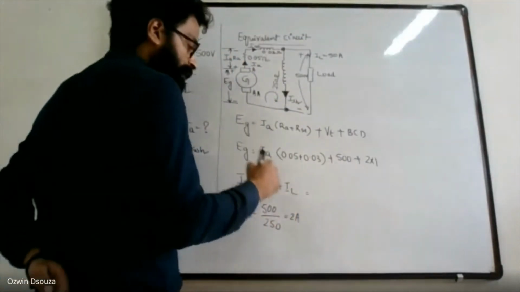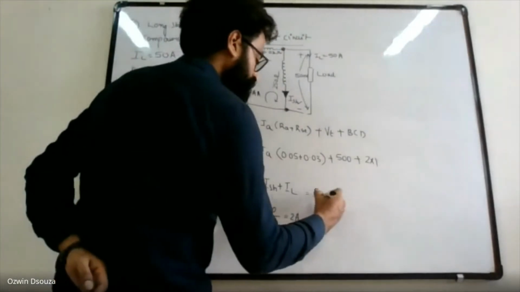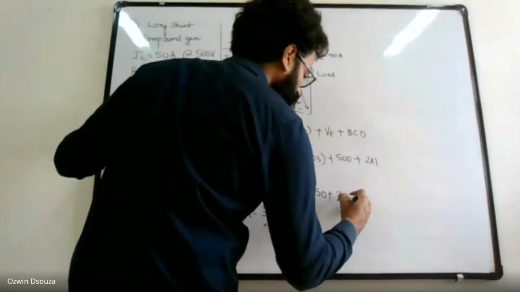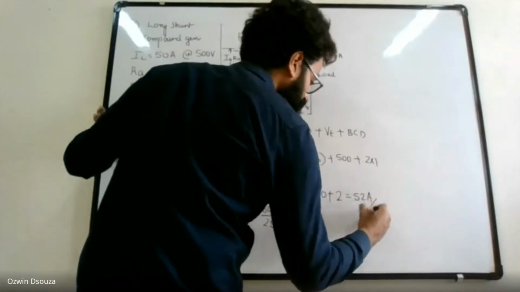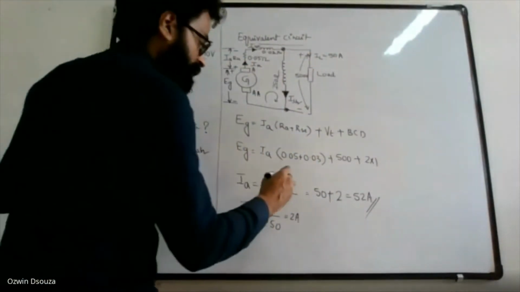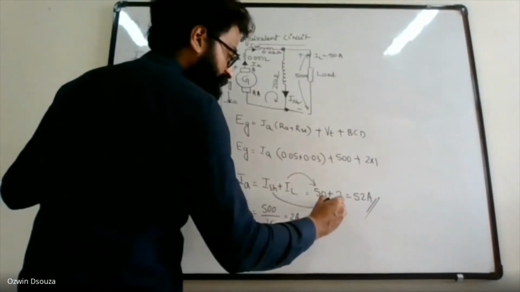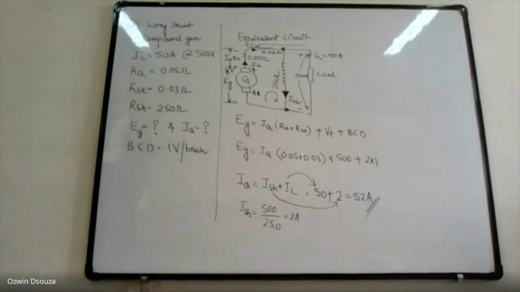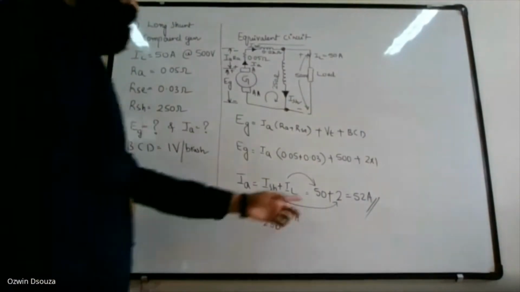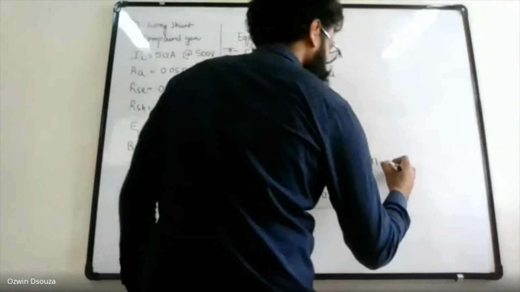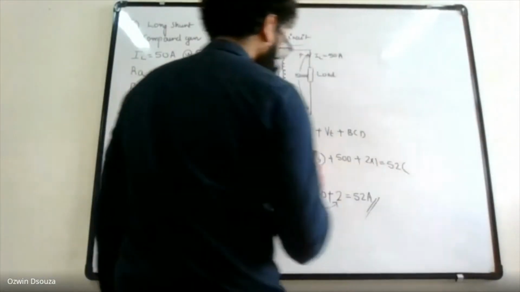Therefore, armature current IA is load current 50 plus field current 2, that is 52 amperes.